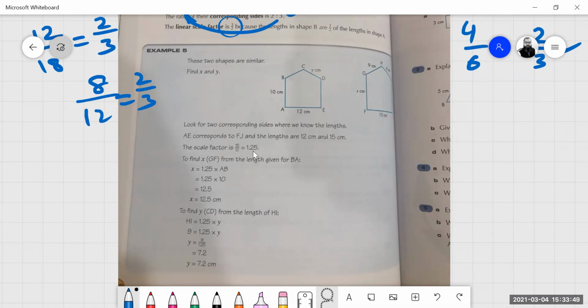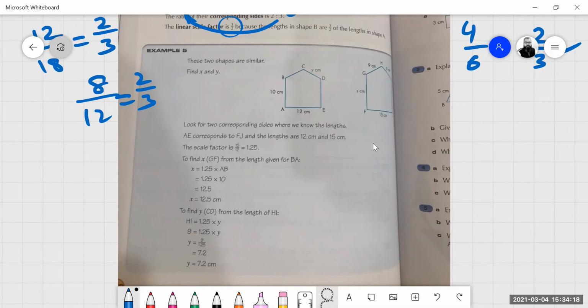The scale factor will be 15 over 12. This is called the scale factor, 15 over 12. To find GF from the length, what is the scale factor now? 1.25.